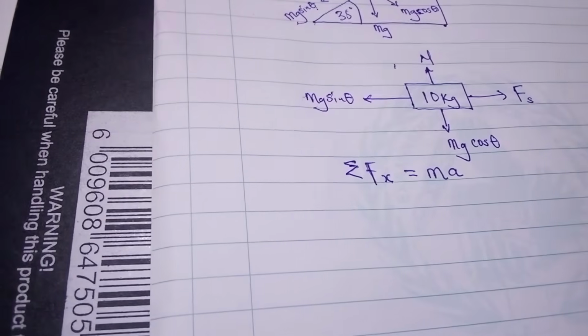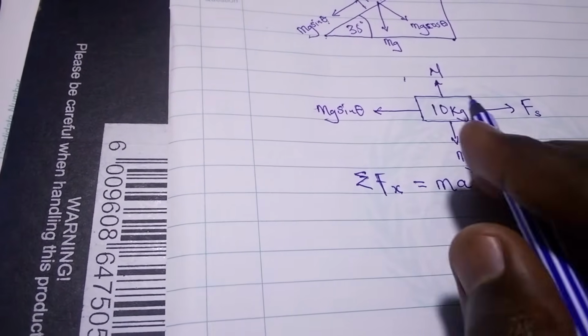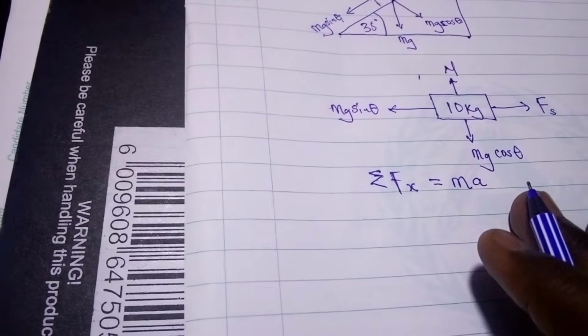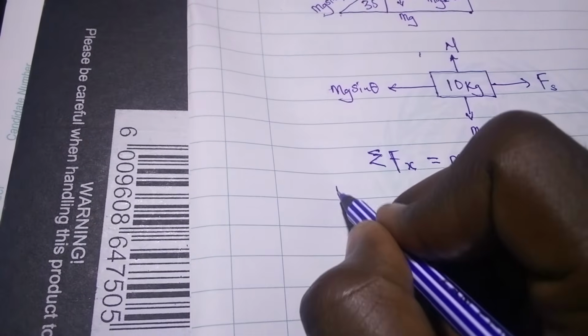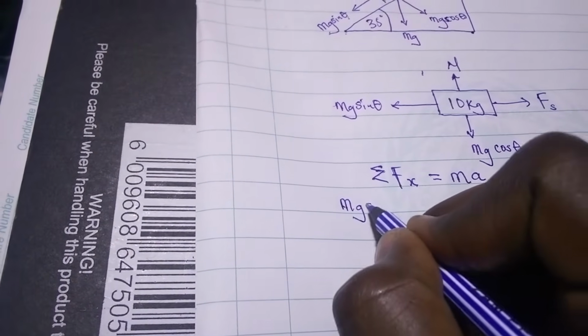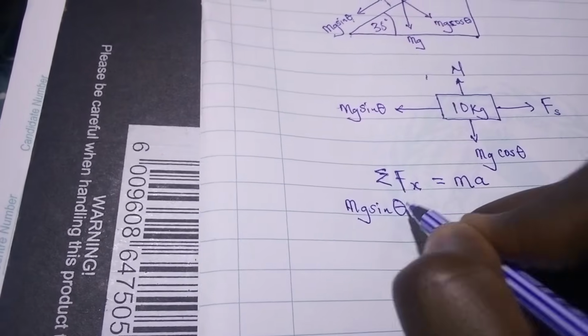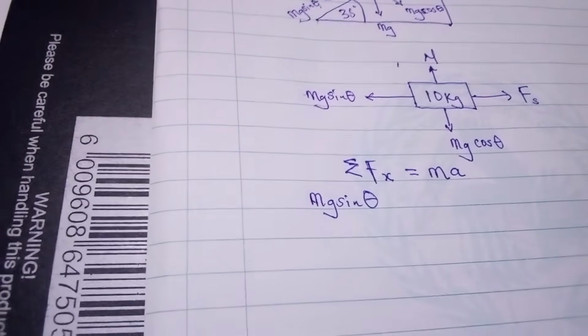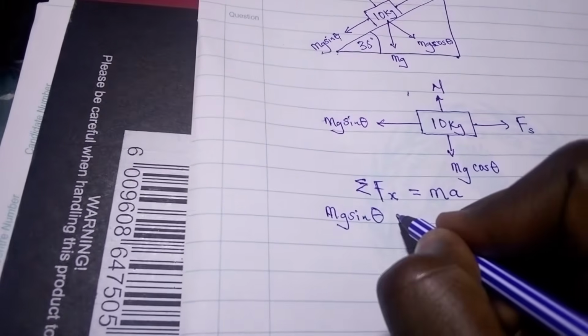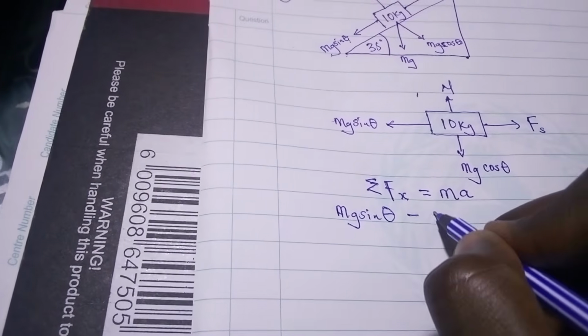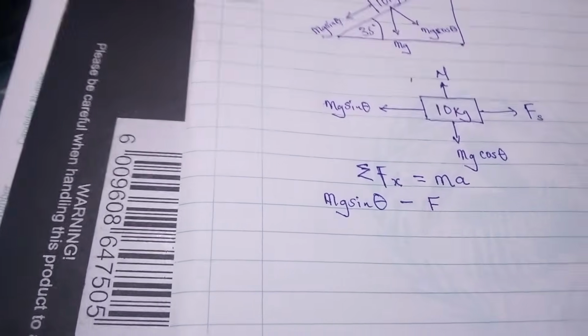The force that was making this wood block slide was mg sin theta. The force that was opposing was static friction.